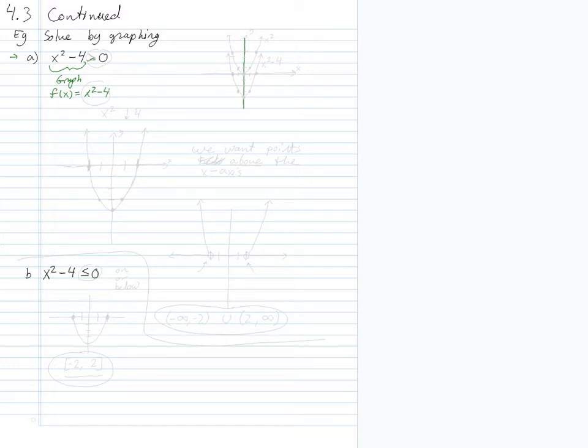Remember, x squared, our basic parabola, passes through (0, 0), (1, 1), (2, 4), and is even, so is symmetrical about the y-axis. So it contains all of these points on the other side as well. Okay, so that would be x squared.